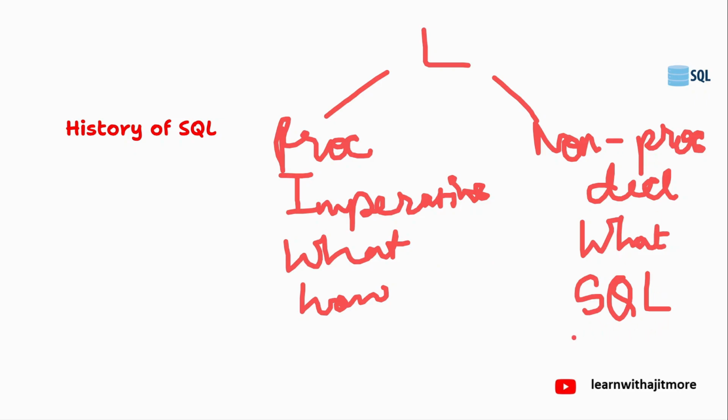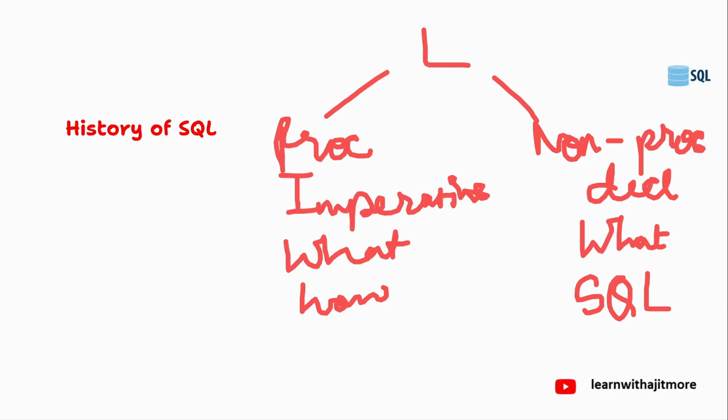Using SQL, you'll just tell what to do. Like insert into employee, you'll give the values. How to insert in that employee, it is the job of DBMS. DBMS will take care. Understand? Select star from employee. Means you're telling that please give me all rows, all columns from the employee table.